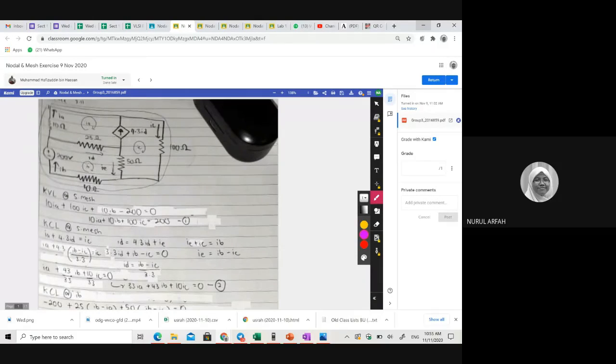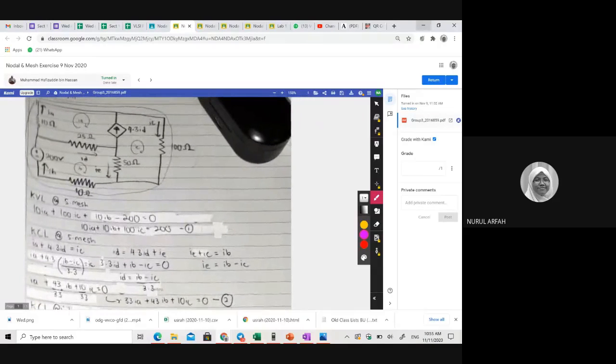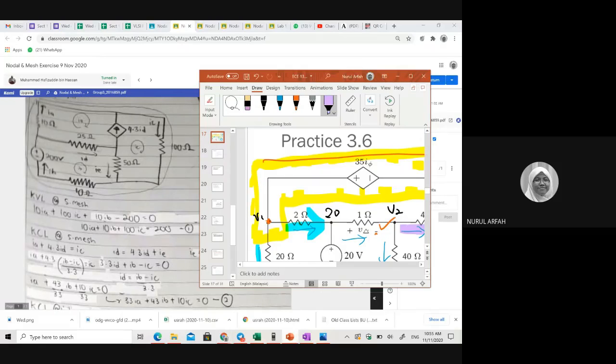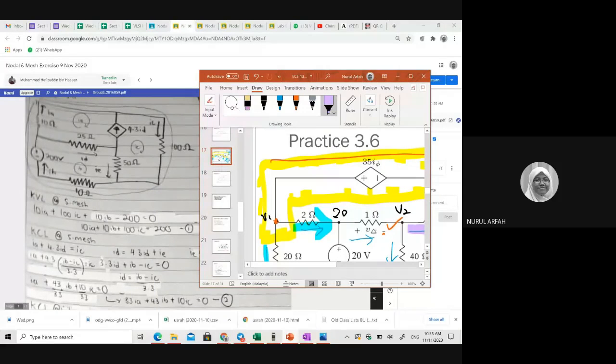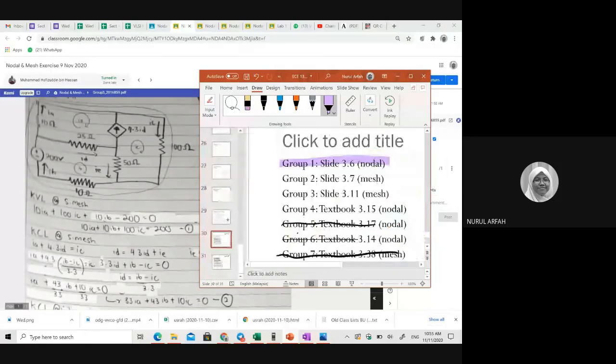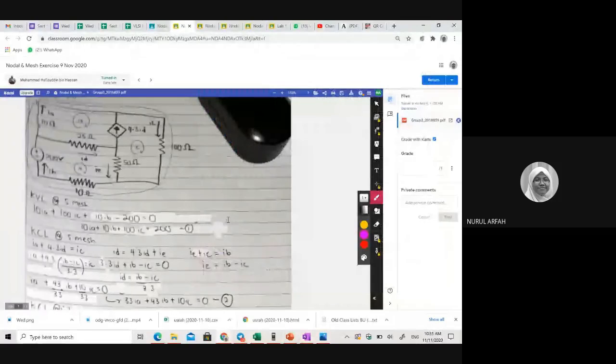This is group number 3, right? I'm just opening it. Hafizuddin, are you in group 3? Yes, group 3. Okay, group 3 was asked to find using mesh. Like this one. Yes, I can see that you applied mesh.